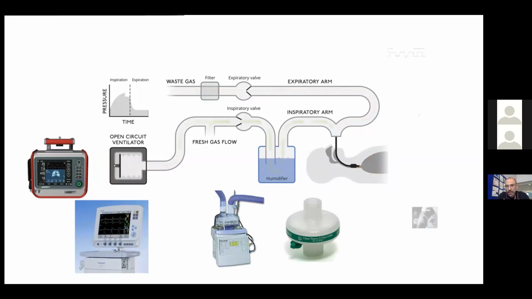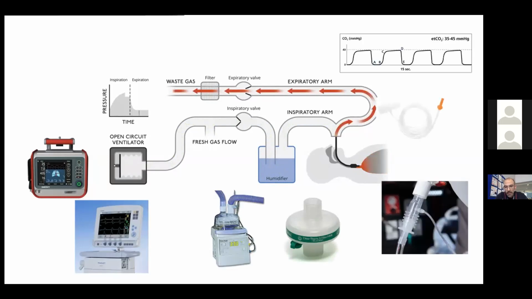Then we have an expiratory port, which we use to detect the end-tidal CO2, to detect how much CO2 the patient is generating, and we can monitor that with this piece of equipment. The graph on the right-hand side is the end-tidal CO2 diagram.